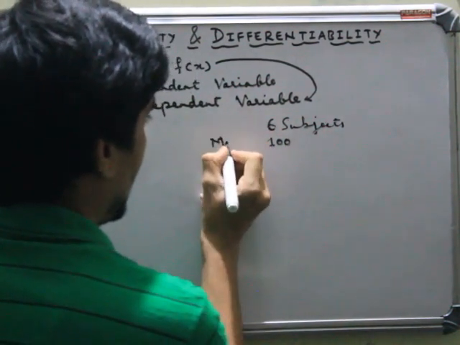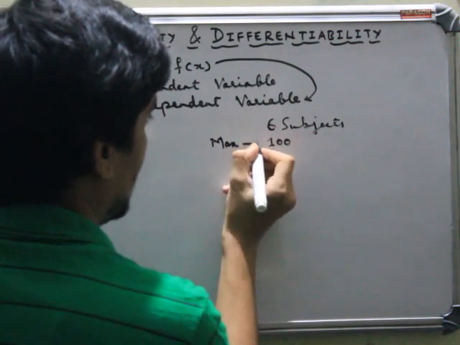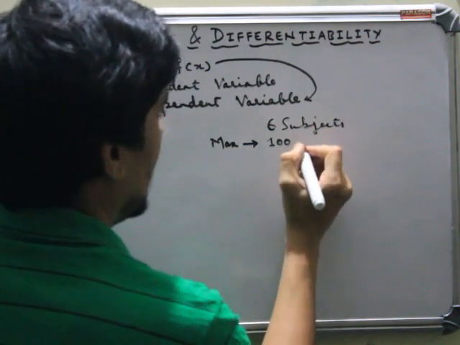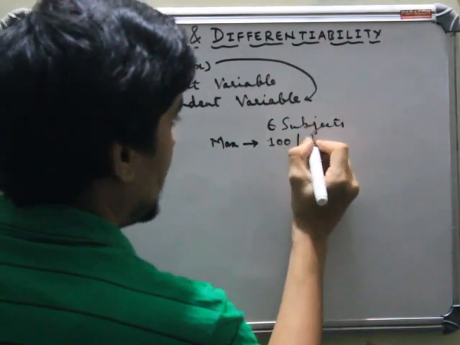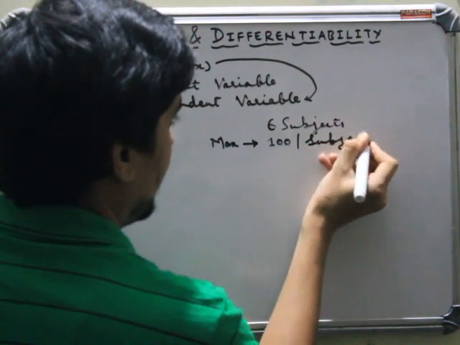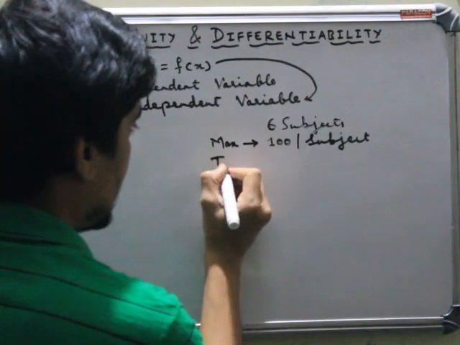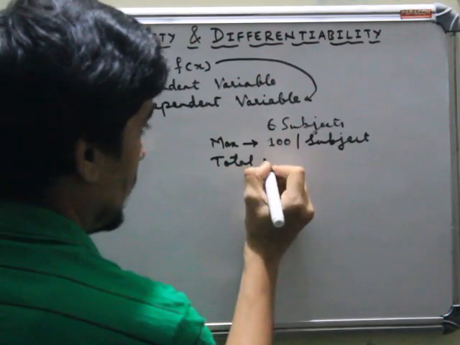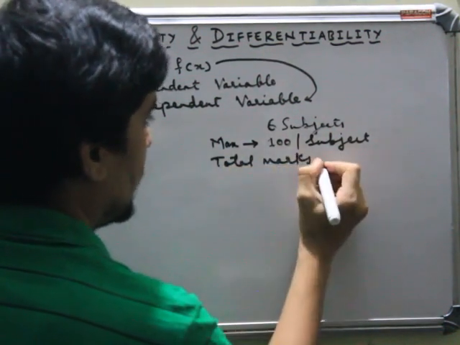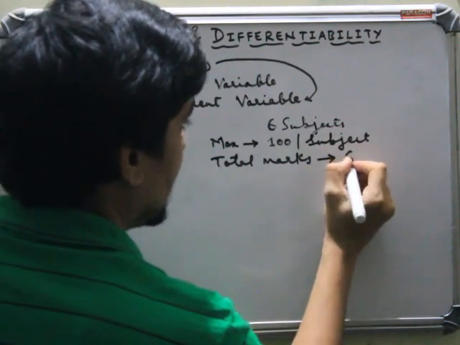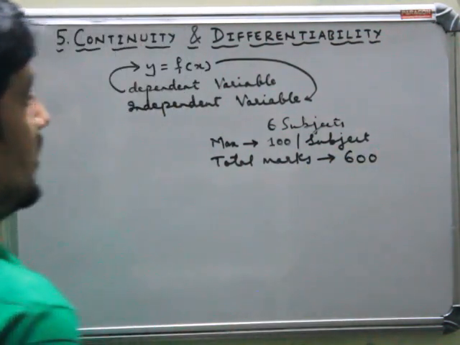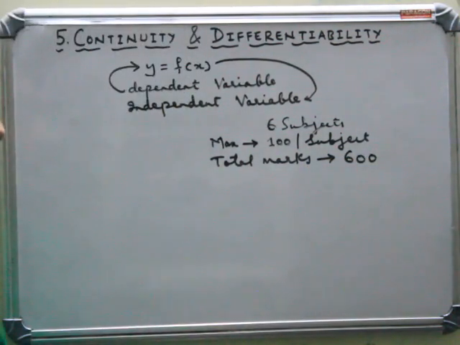Maximum you can score 100 marks per subject. So what will be your total marks? Your total marks will be 600.